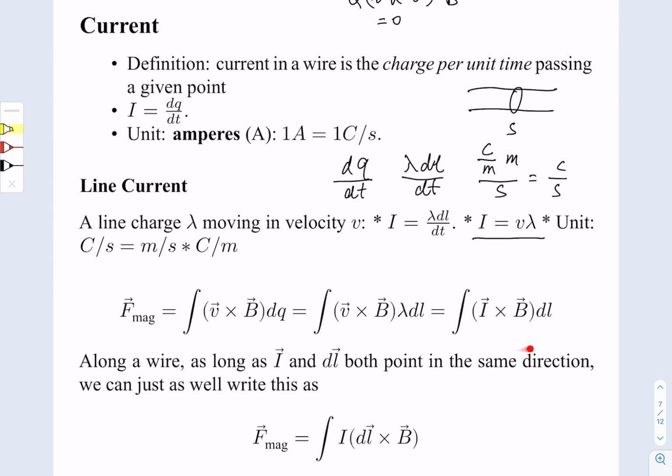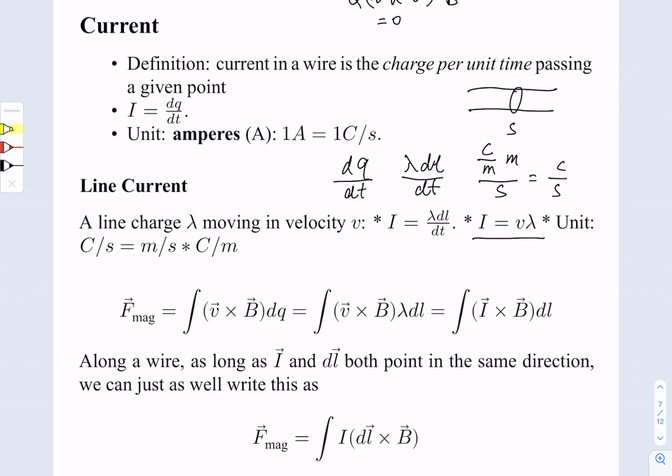So the integration should be done across all the wire, and because along a wire the I is typically parallel to this dl, you can move this vector to this dl. So this is what I did here.